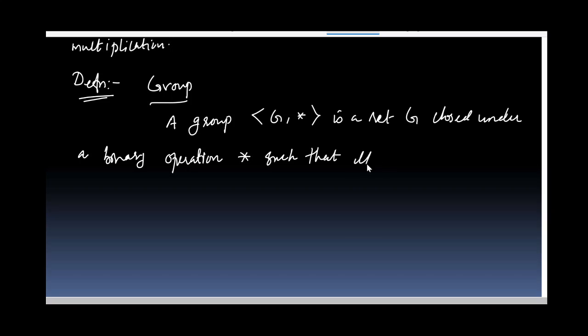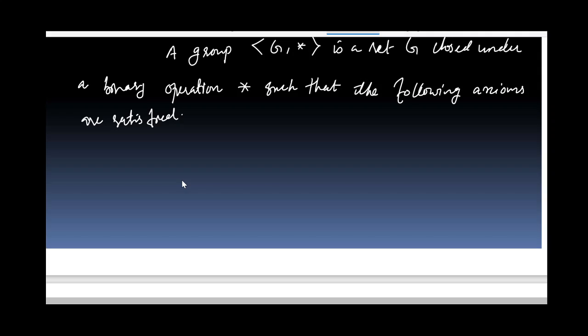So a group means it's a set together with a binary operation which satisfies certain axioms.